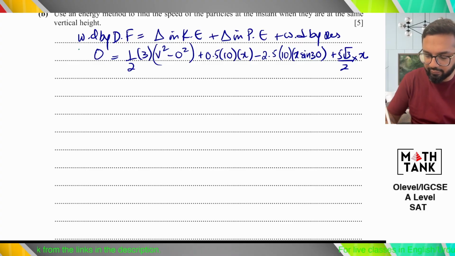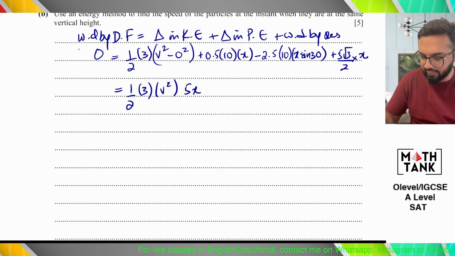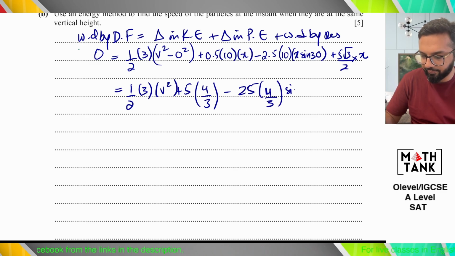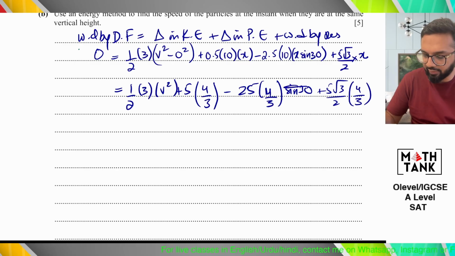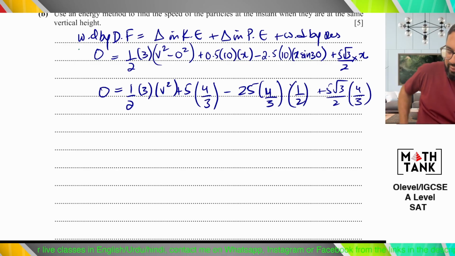So half v squared equals 5x plus 5x. x is basically 4 over 3 now, minus 2.5, so that's 25. And I have 4 over 3 sine 30 plus 5 root 3 over 2 times 4 over 3. Sine 30 is also half. Let's see if we get the correct answer.